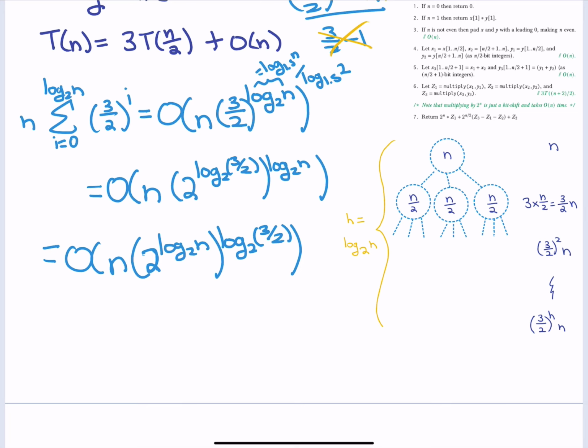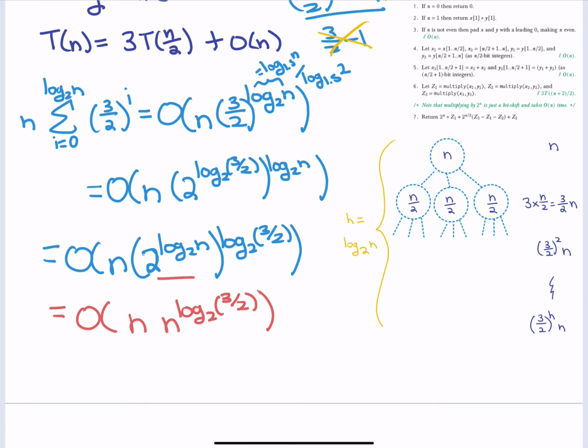Okay, and now this is nice and clean, right? What does this come out to? N. Okay, good. So now we have n times n to the log base 2 of 3/2.